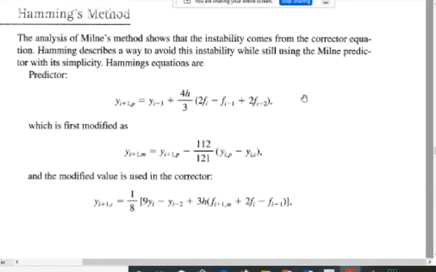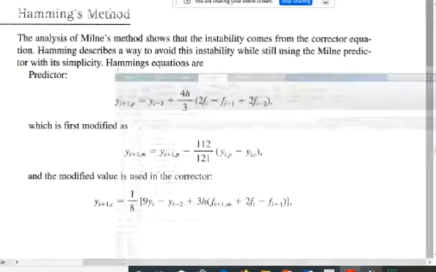After that, we use Hamming's method in MATLAB, and we show how we can apply or deploy these algorithms in MATLAB software very easily.